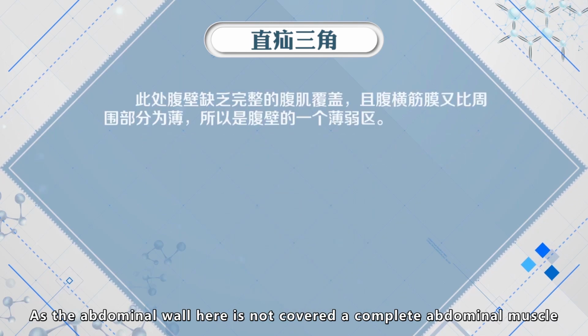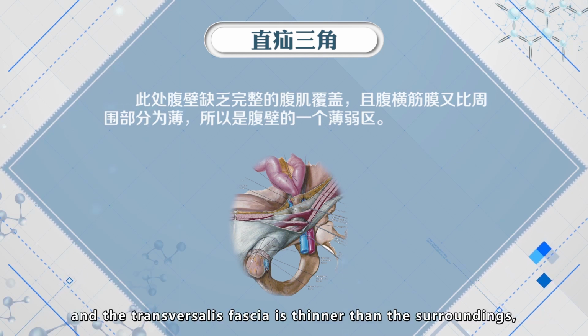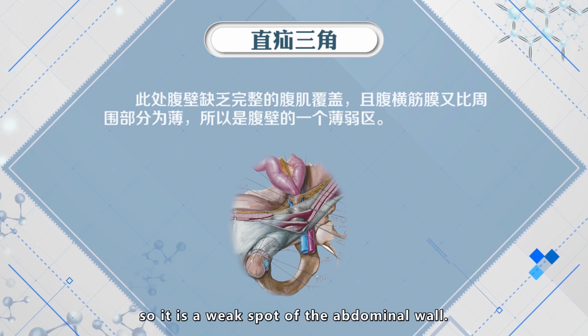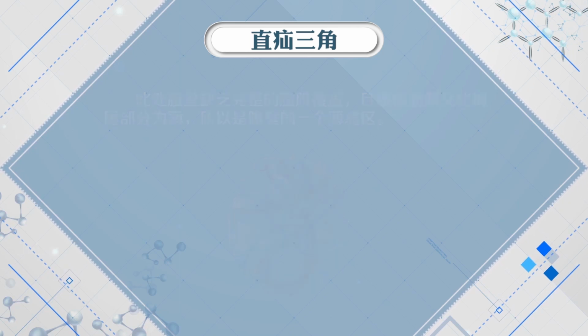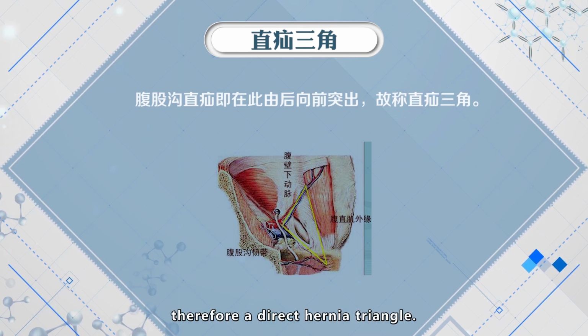As the abdominal wall is not covered completely by abdominal muscle and the transversalis fascia is thinner than the surroundings, it is a weak spot of the abdominal wall. The direct inguinal hernia protrudes forward from this spot, therefore a direct hernia triangle.